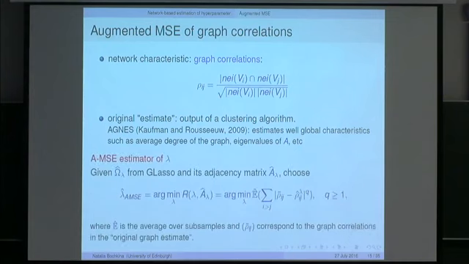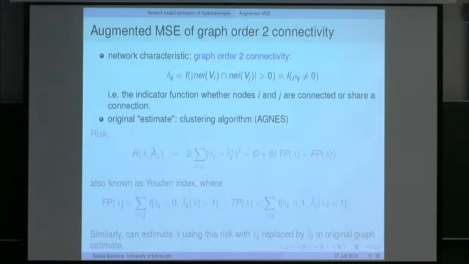And then the estimator, we call it the augmented mean square estimator of lambda, is simply minimizing the L2 distance between the characteristics in the original estimate and the ones we get from the graphical lasso estimate. And the expectation is taken over the sampling, so it's quite an intense algorithm.